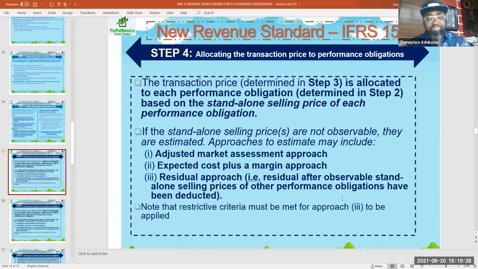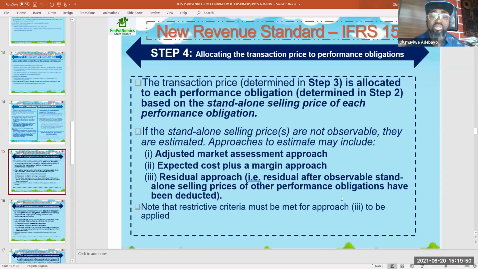But under IFRS 15, such is not applicable. Rather, it is implied, even if it's not expressly stated, that there are two performance obligations that the telephone company has more or less entered with you as a customer.